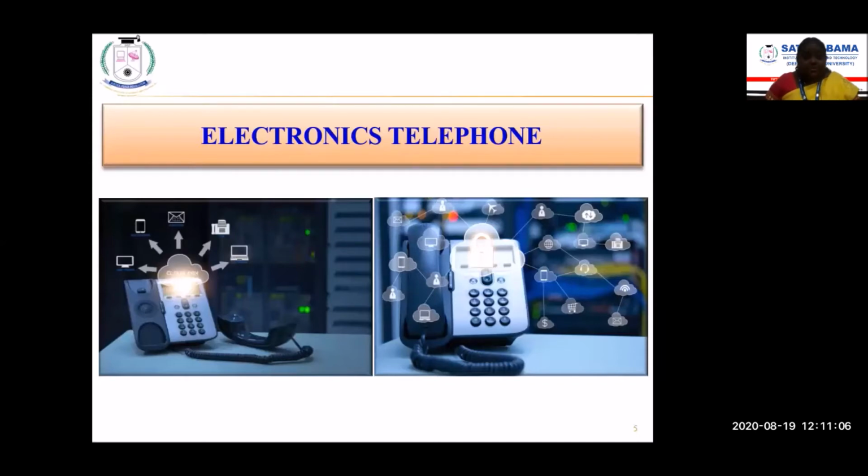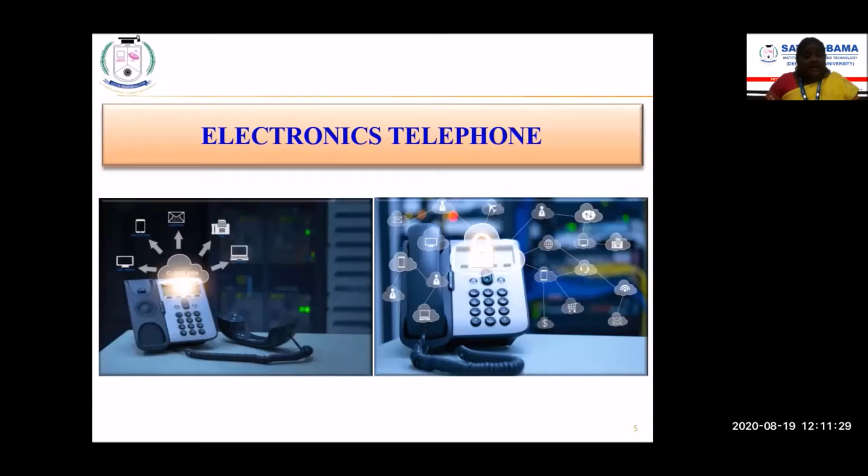So this picture shows the latest electronic telephone, which has all these features. We will be able to communicate, send messages, store messages, and caller ID information can also be retrieved. Call history can be checked. All these options are available in this latest electronic telephone.